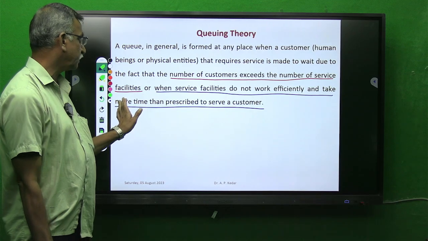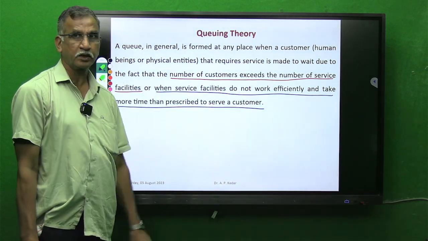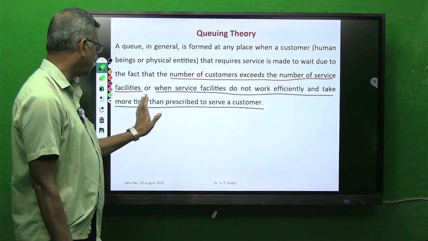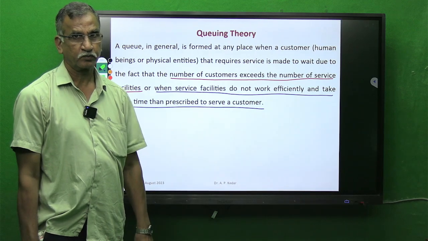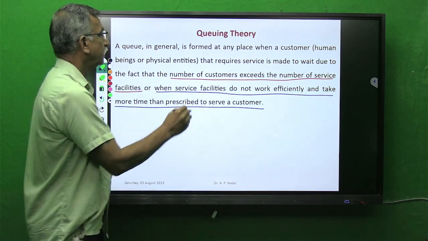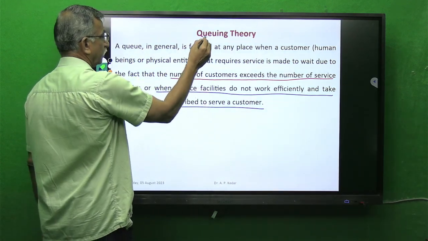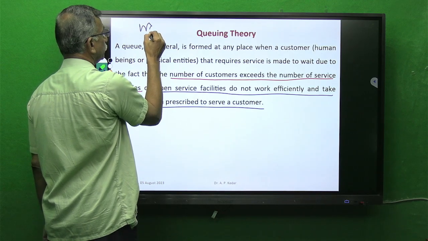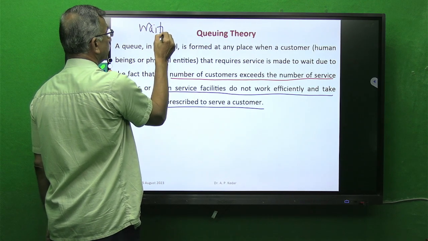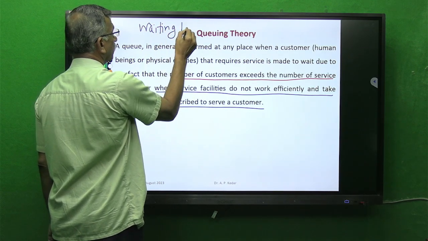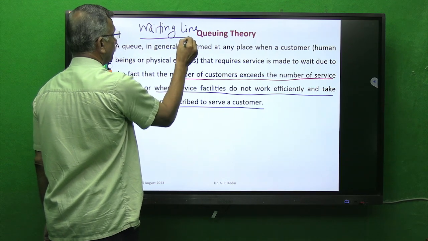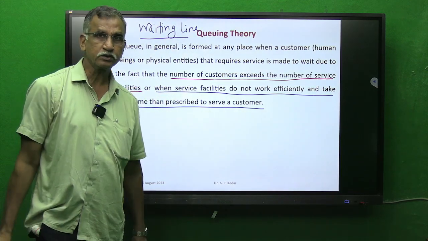These are the two reasons why a queue, or waiting line, is formed.